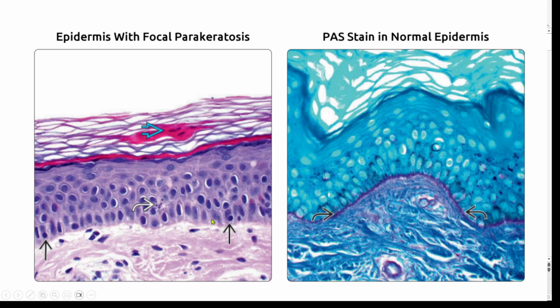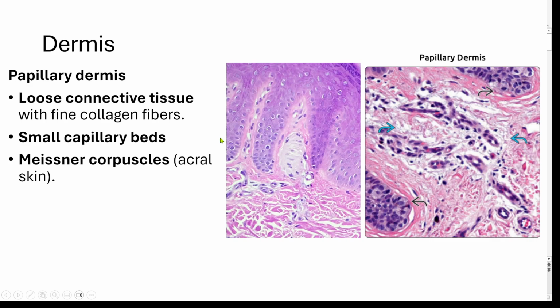This is an apoptosis. This is basically the basal cells, stratum basale. PAS stain is very nice to show the thin basement membrane, which is attached to the basal layer as well as the dermis.